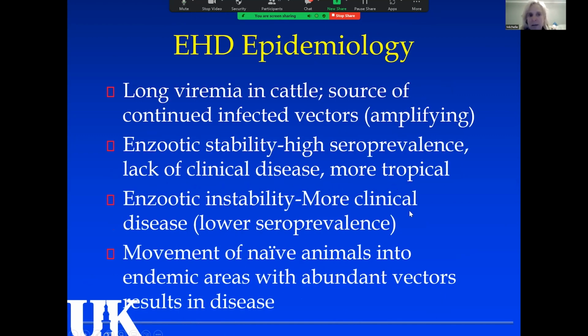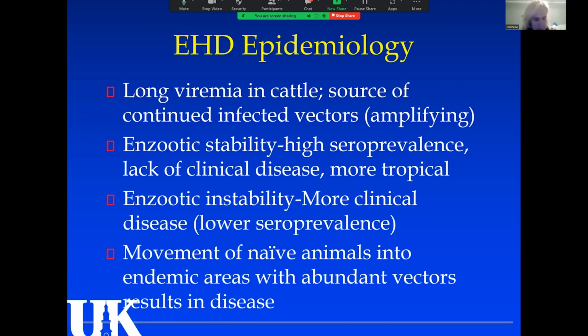So, EHD epidemiology: it has a long viremia. That means, for instance in cattle, once they get bitten by the midge and that virus starts replicating in the bloodstream, it goes on a long time. It can be a week to 2 weeks of viremia.